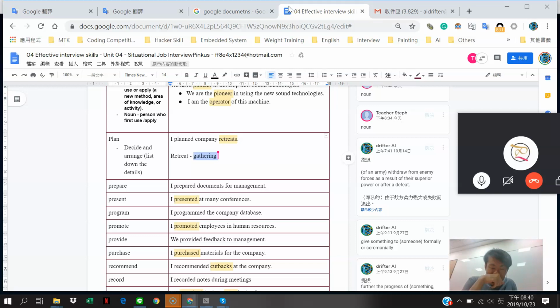So that's retreat as a noun. I think it's very different from the verb. Yeah, this one is a noun. But most of the time, when we say retreat, the first thing that comes to our mind is the retreat of soldiers if they will not win in a war or a fight against another country, right? Or another team.